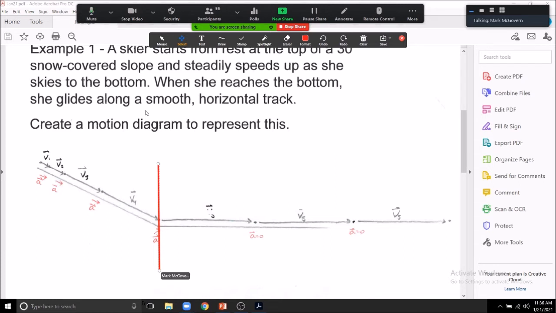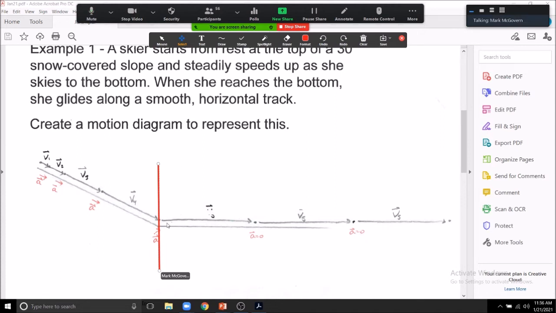The word smooth is meant to mean frictionless, which is also meant to mean that objects should be moving at constant speeds on those surfaces. So when you see smooth horizontal track, the translation is we're moving at a constant speed.